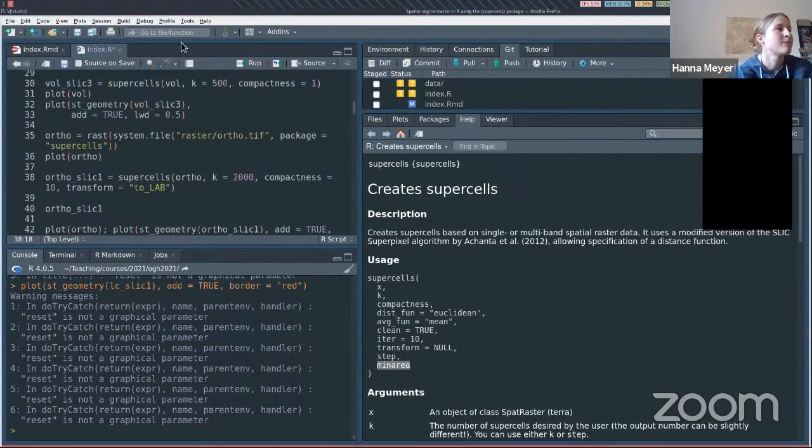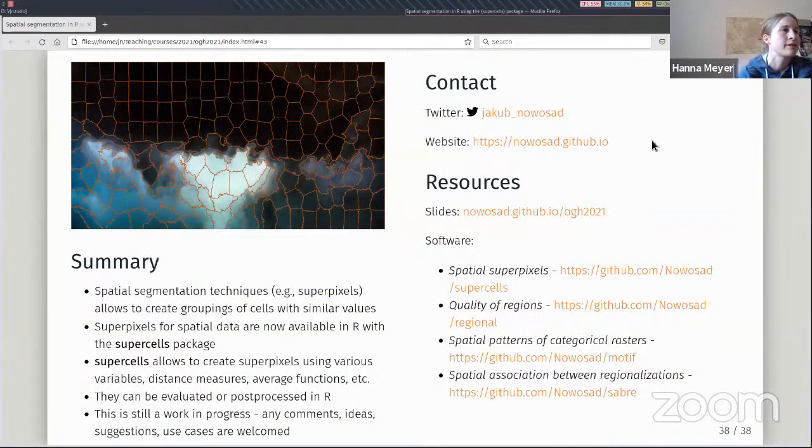Right, thank you. So the next question is, could placing the initial superpixel centers in a hexagonal grid increase the compactness of supercells in homogeneous areas? Probably. I think it was not in the original paper, but I've seen it implemented in GRASS GIS. The SLIC algorithm in GRASS GIS allows you to decide if we want to start with a regular grid or maybe a hexagonal grid for our centroids.